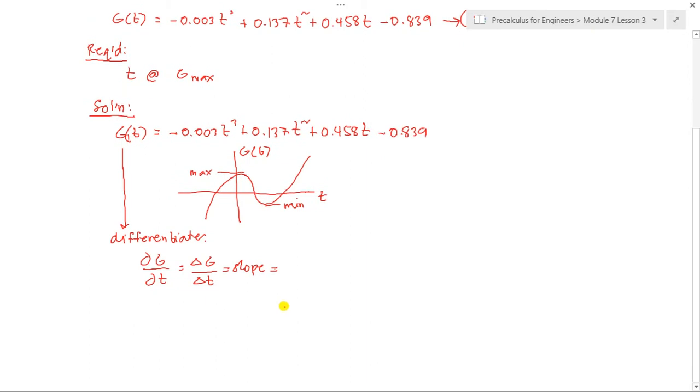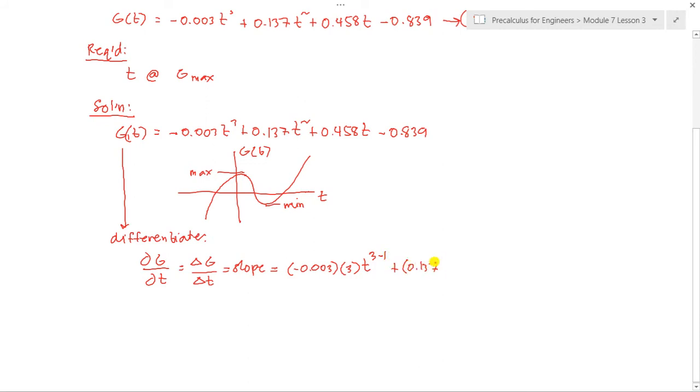So here is the procedure. Again, multiply the coefficient of the term and the corresponding exponent of the variable. So here we have negative 0.003 times 3, and then copy the variable t, and then the exponent is reduced by 1. The same thing with the second term and the rest of the terms.